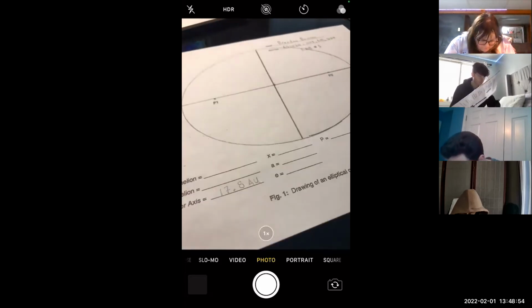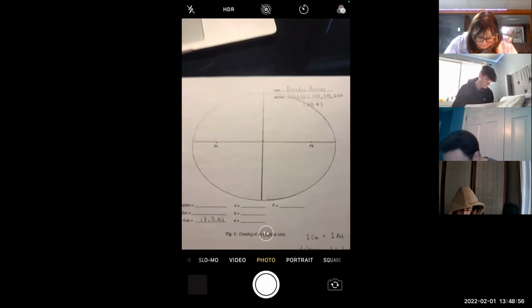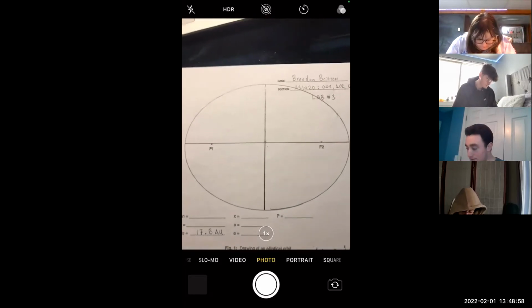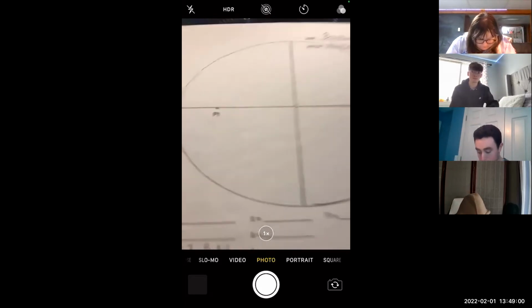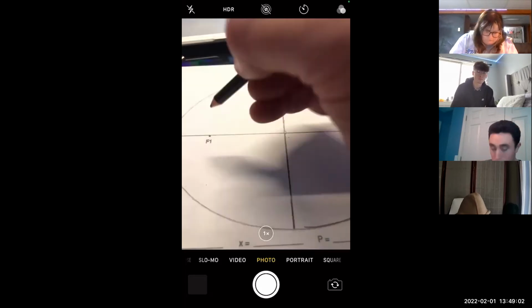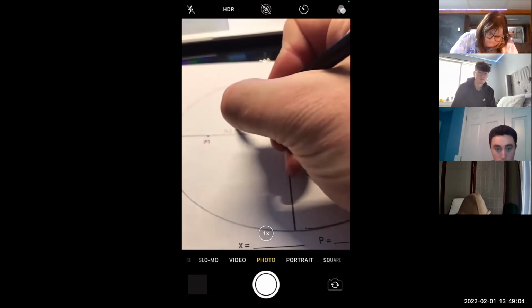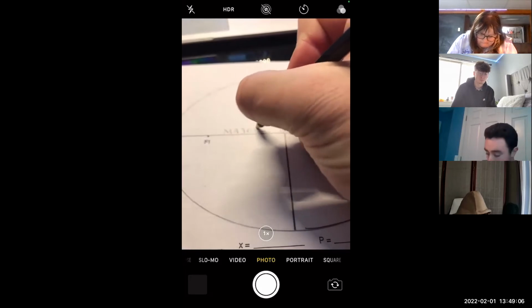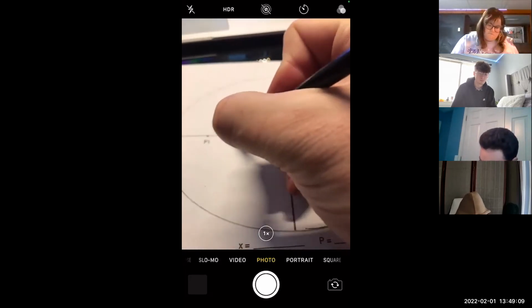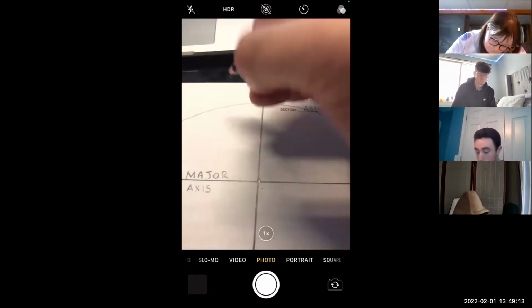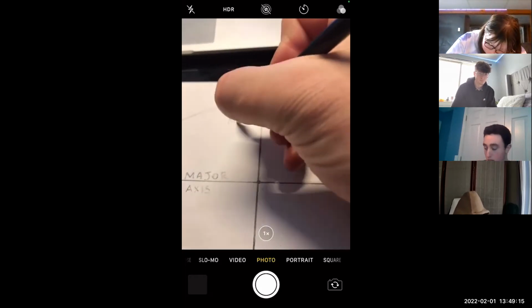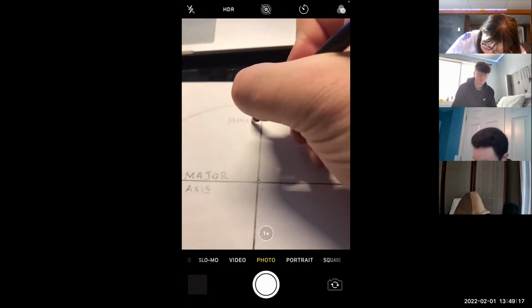Now I've drawn in my minor axis. I could have been a little more perpendicular, to be honest, but that's close. Let's do some labeling. Major axis. Minor axis.